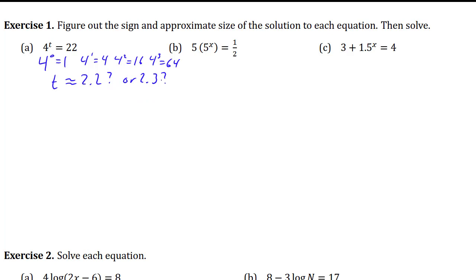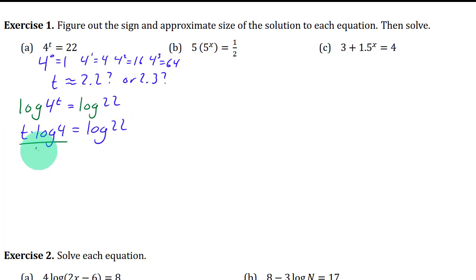Okay, so to actually solve it, we're going to take a logarithm of both sides. Do log of 4 to the power t, and also do log of 22. And log law 3 applies to this. You can take the t out, and you'll get t times log of 4 equals log of 22. Divide both sides by log of 4.